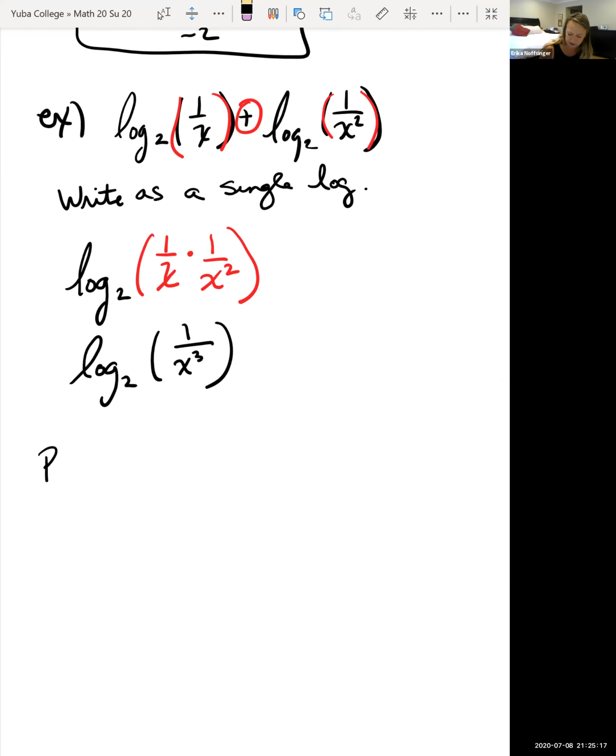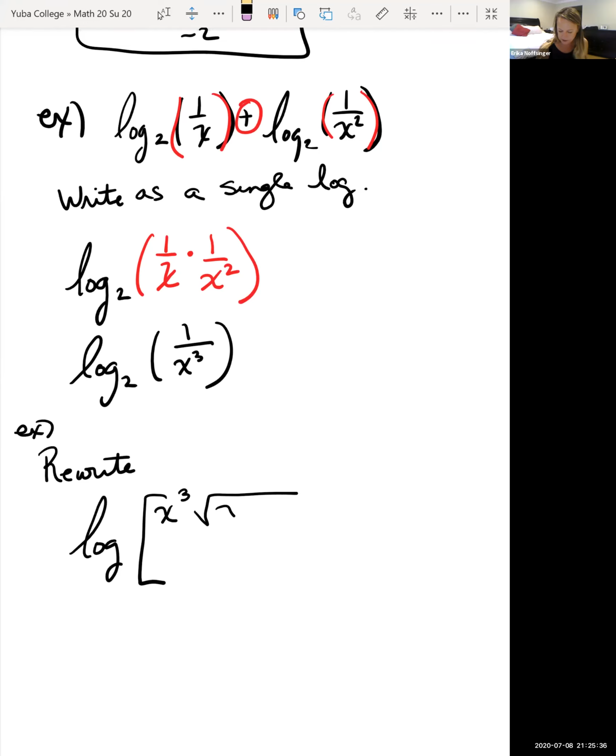Let's go the opposite direction. So let's rewrite log of the big bracket, x cubed square root of x plus 1, all over x minus 2, quantity squared.